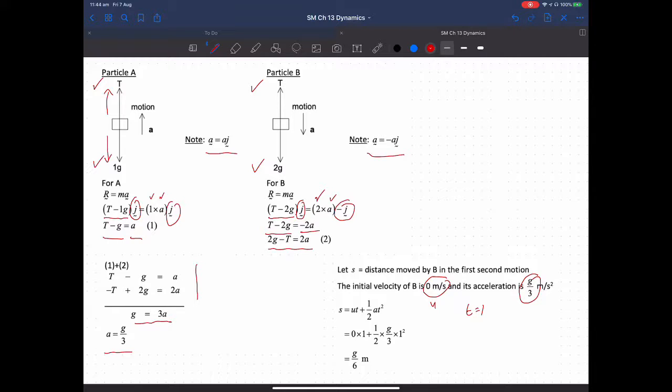So what we have is constant acceleration. So using one of our constant acceleration formulas, s, distance travelled, equals ut plus a half at squared, we can substitute into that. u was 0, t was 1, and acceleration a was g over 3. Working that out, we get g over 6 meters.